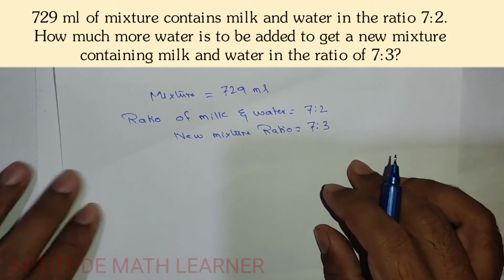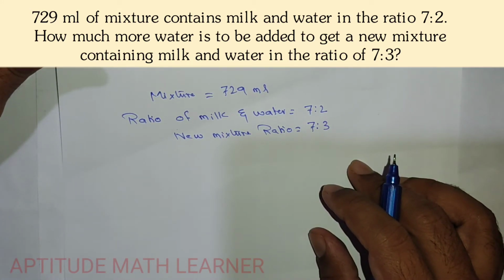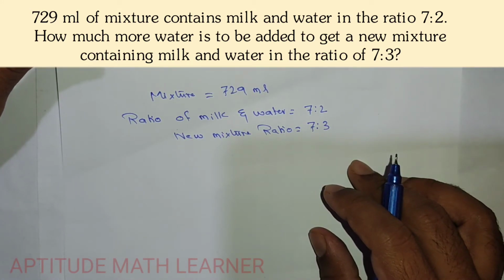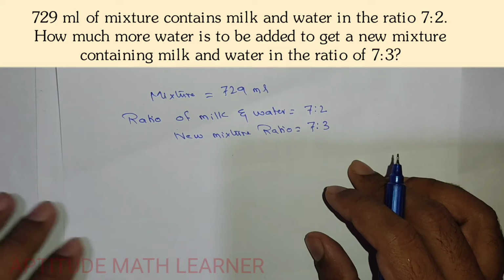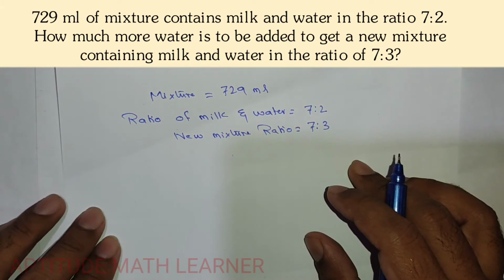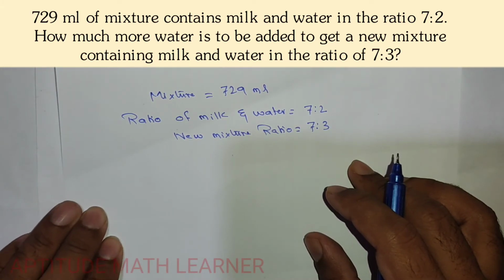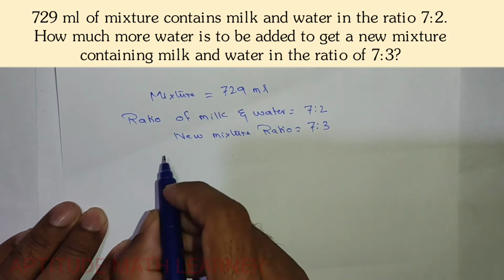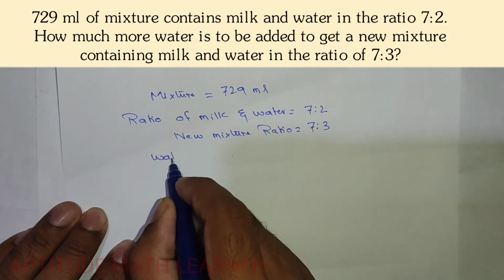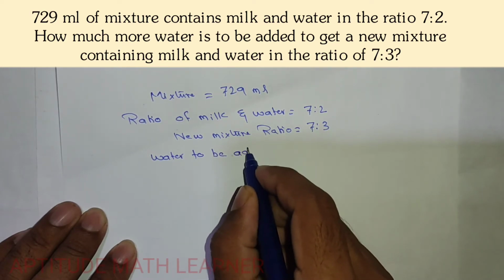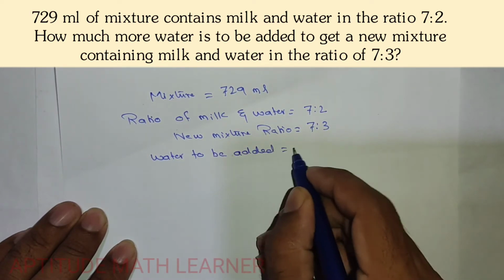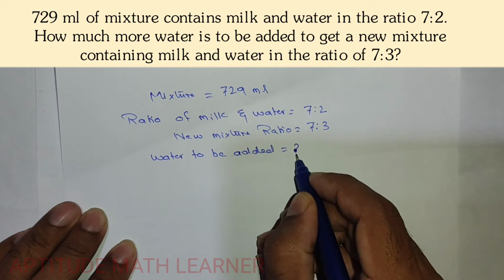Here in the question it has been asked how much water is to be added to get a new mixture containing milk and water in the ratio of 7:3. So the water to be added is to be found.